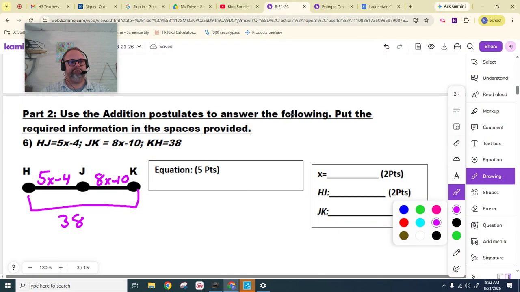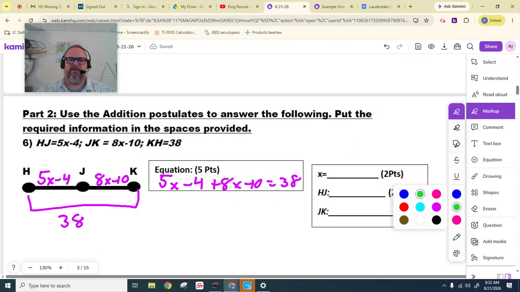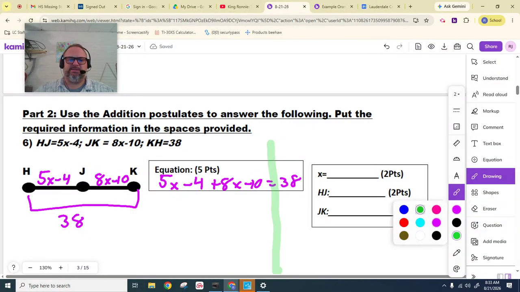Now, at the end it says KH. Remember, we can name a line like that. So our equation is going to be like this. All right. So I'm going to combine like terms. So I got a 5 and an 8, which is 13. I have a minus 4, minus 10, which is a negative 14.